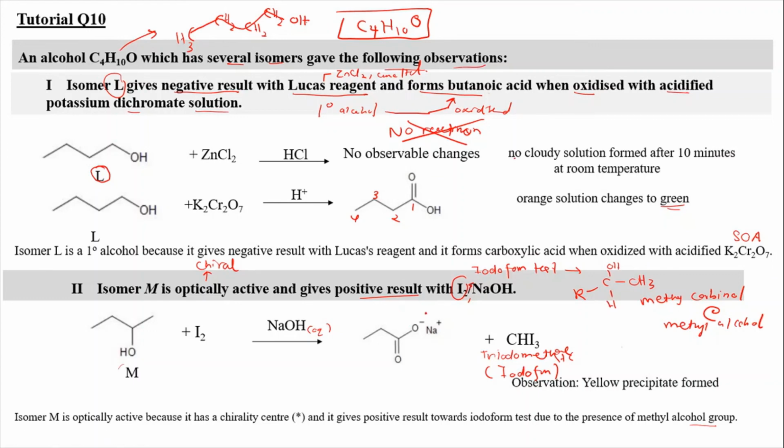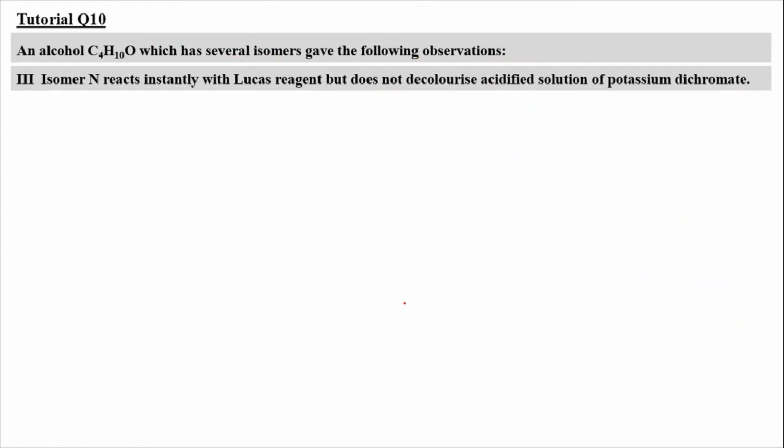Okay, now we're going to do number 10(3), where we are still using the same isomer, which is C4H10O, and we know that isomer N reacts instantly with the Lucas reagent. So when it reacts instantly with Lucas reagent, you know that it is a tertiary alcohol.